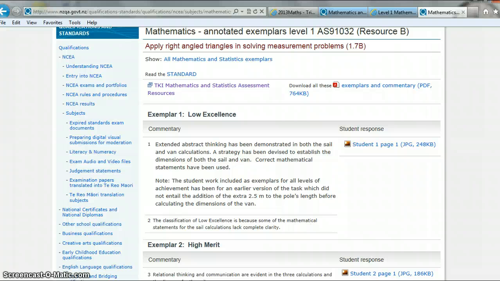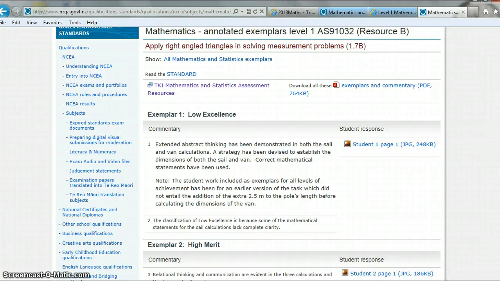Note, the student work included as exemplars for all levels of achievement has been for an earlier version of the task which did not entail the addition of the extra 2.5 metres to the pole length before calculating the dimensions of the van. And another note, the classification of low excellence is because some of the mathematical statements for the sail calculations lack complete clarity.